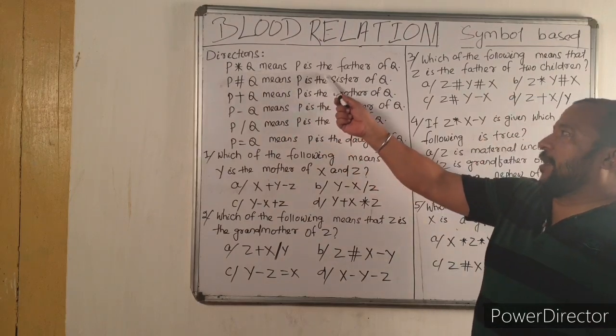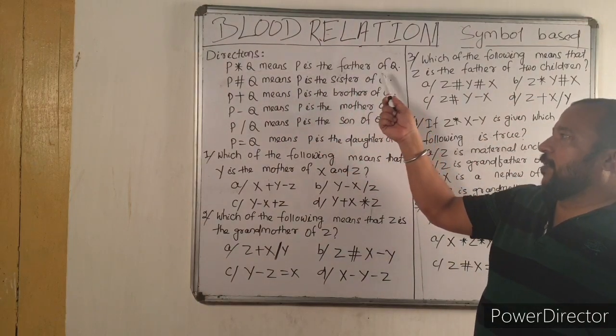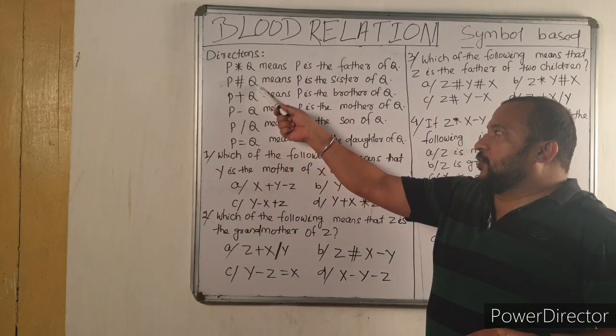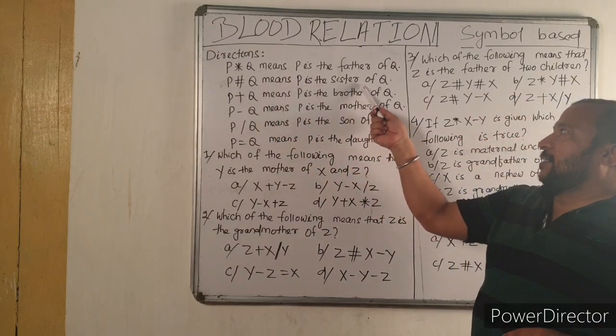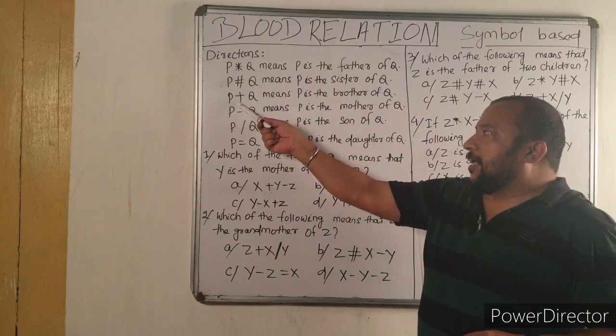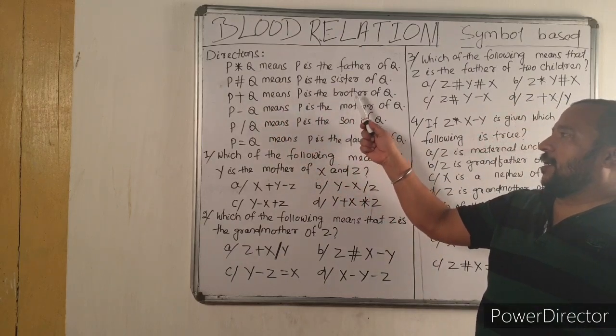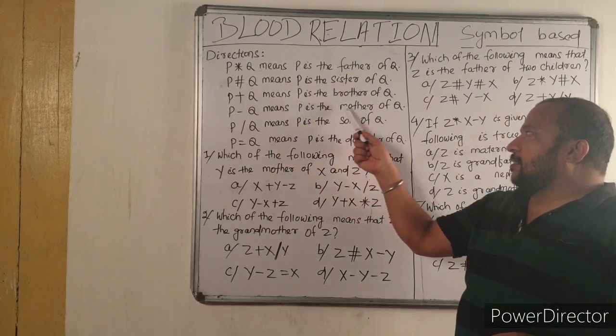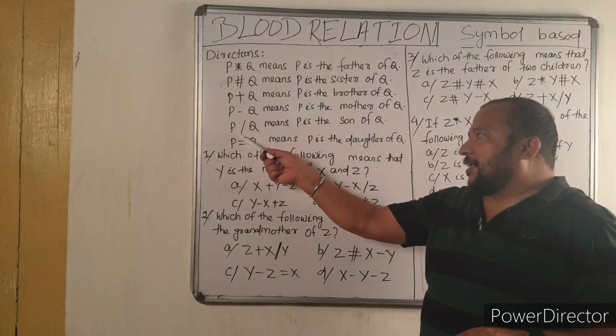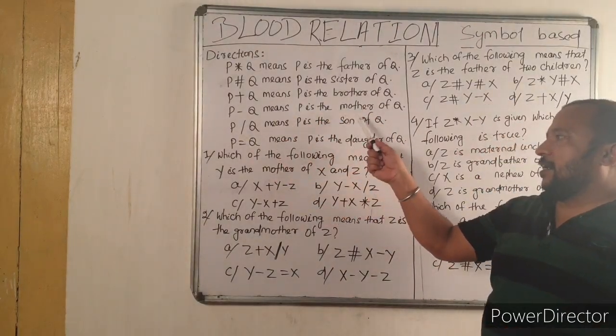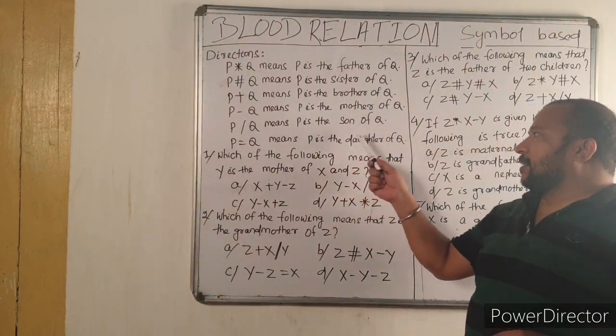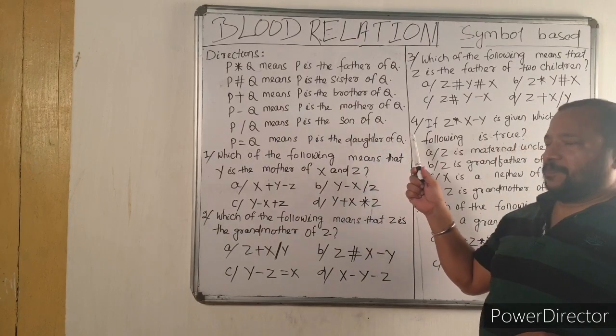P star Q means P is the father of Q. P has Q means P is the sister of Q. P plus Q means brother. Minus means mother. Slash means son. Equal to means daughter.